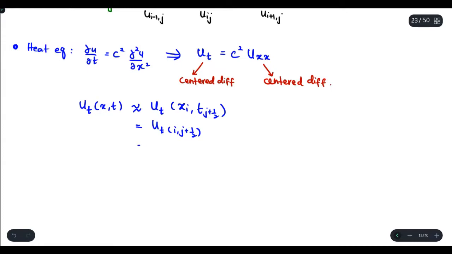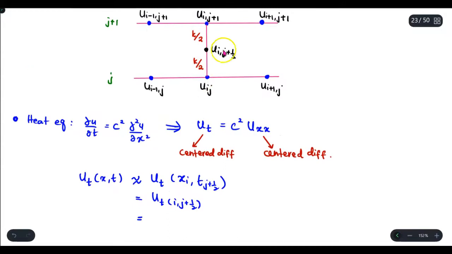So what is the formula? We are going to be using the centered difference formula. You want to find u_t at this point. u_t is the derivative with respect to time, so it is the temporal derivative, and you will be considering the vertical line here. By the centered difference formula, if you are at u_i^(j plus half), it is the forward node minus the backward node over 2 times the step size.